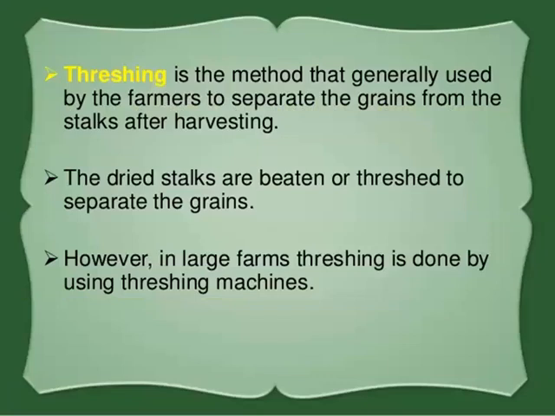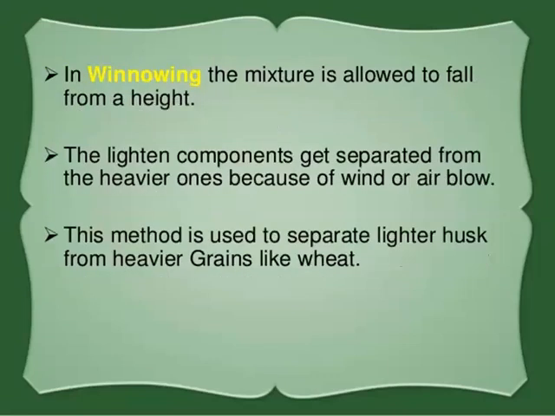Threshing is the method generally used by farmers to separate the grains from the stalks after harvesting. The dried stalks are beaten or threshed to separate the grains. However, in large farms, threshing is done by using threshing machines. In winnowing, the mixture is allowed to fall from a height.